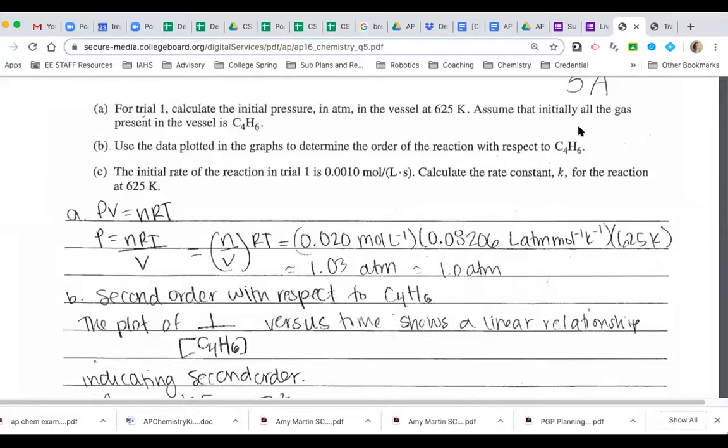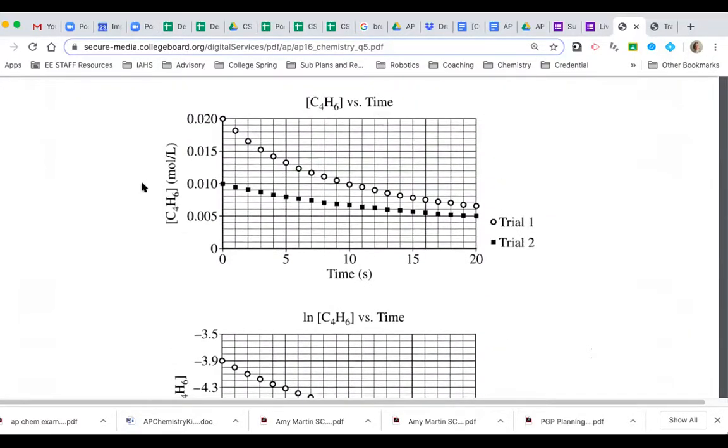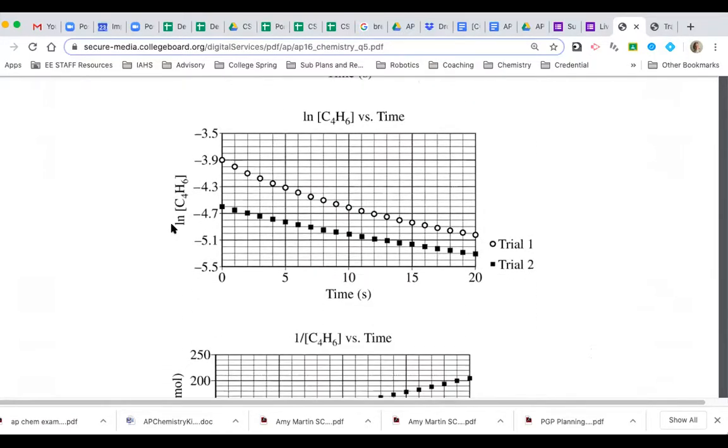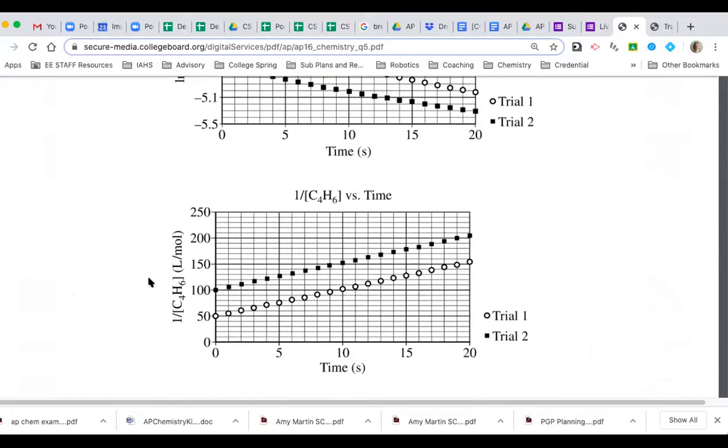Okay, so you would just explain this, right? You would say, in looking at the three graphs of the data, the graph of concentration versus time is not linear. The graph of the natural log of concentration, and you can just write ln with the brackets and stuff like this, versus time isn't linear either, but the graph of 1 over the C4H6 concentration versus time is linear.